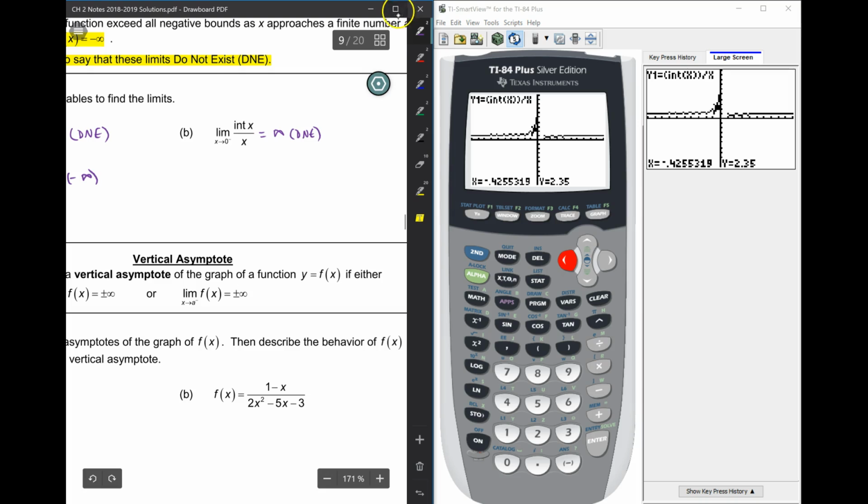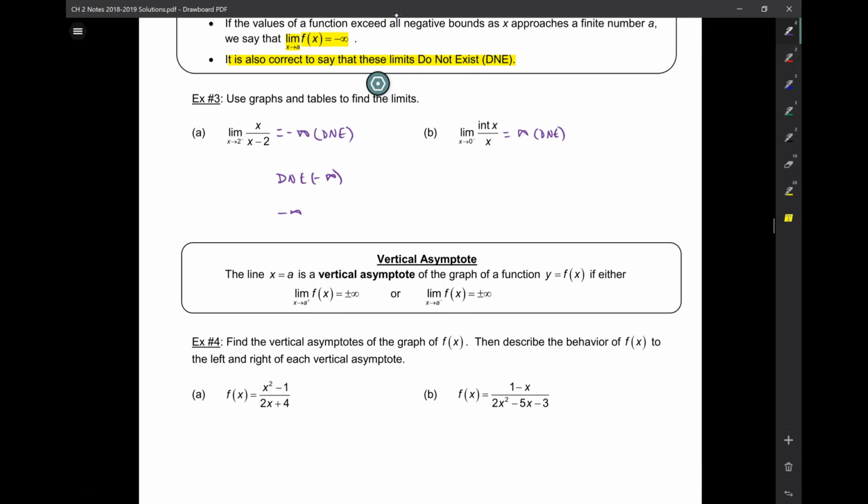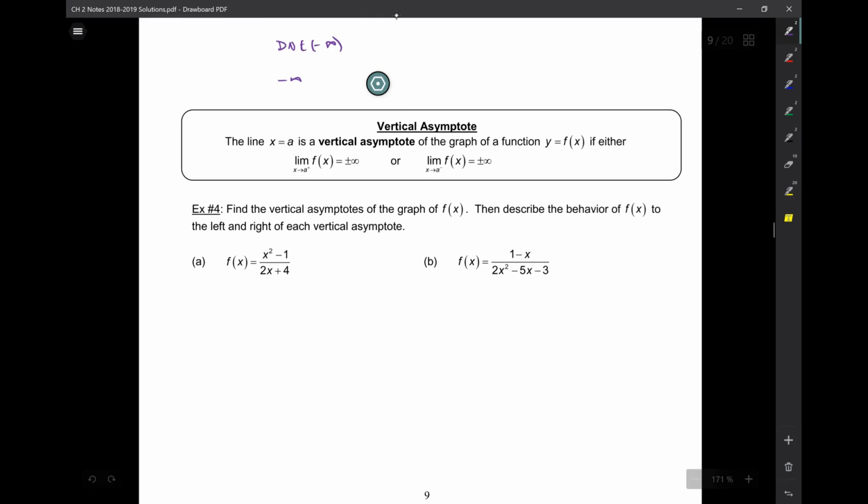Okay. All right, vertical asymptote. Vertical asymptotes happen when, as x approaches a, the graph goes up to infinity or down to negative infinity.